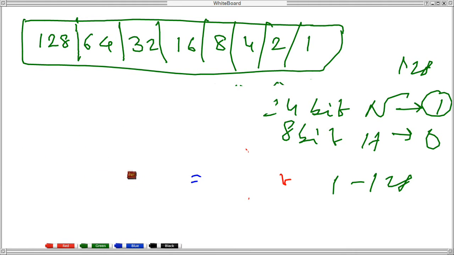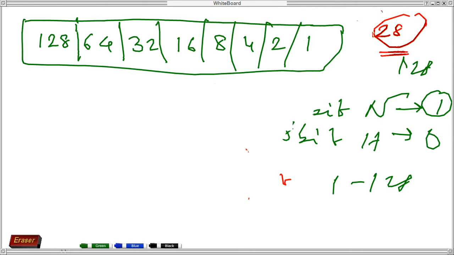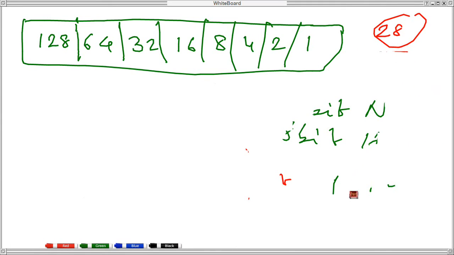For example, if it is 28 bit, how do we calculate the host? You have to split the 28 bits into 4 blocks.